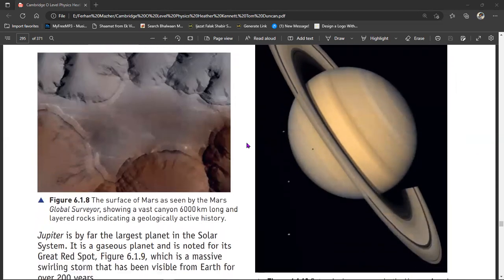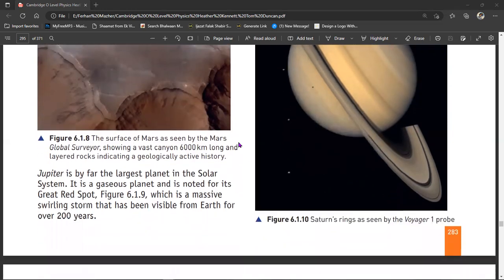So here is that figure which they were talking about, the surface of the Mars as seen by the Mars Global Surveyor, showing a vast canyon 6,000 kilometers long, and layered rocks indicate a geologically active history.